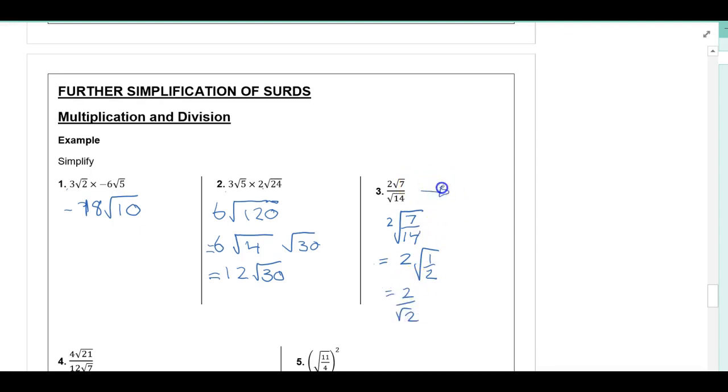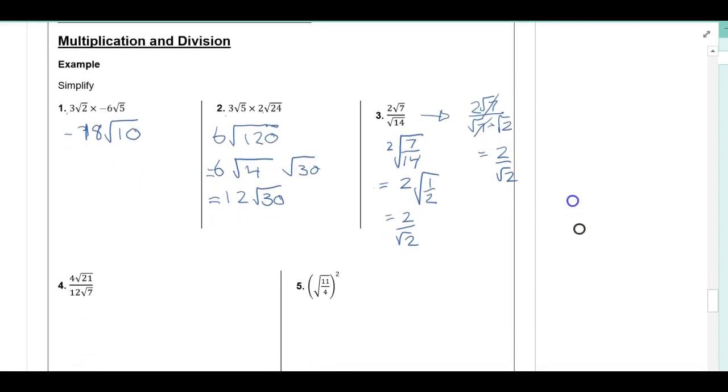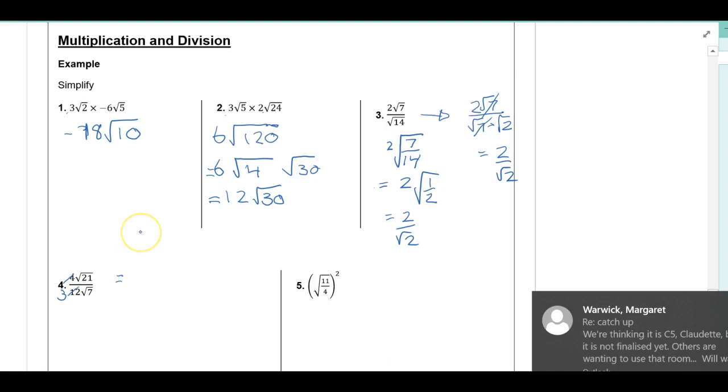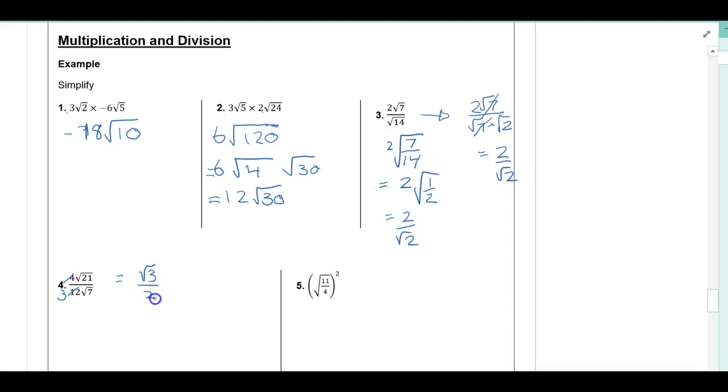I'm probably better off doing it 2 root 7, and root 14 is root 7 times root 2, crossing it off like that and getting 2 on root 2. You'll get to the stage where you'll just see that and go like that. So down here, I can see that root 3 is going to be on the top, so 4 divided by 12 gives me, and this 21 on 7 is root 3, so it's root 3 on 3.